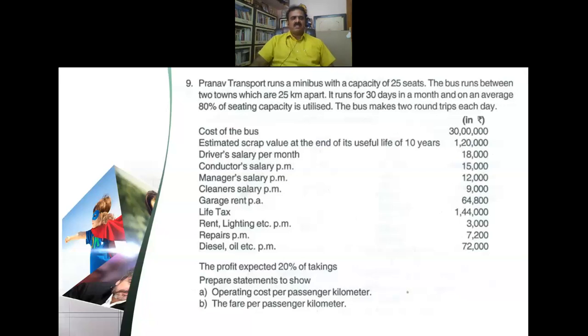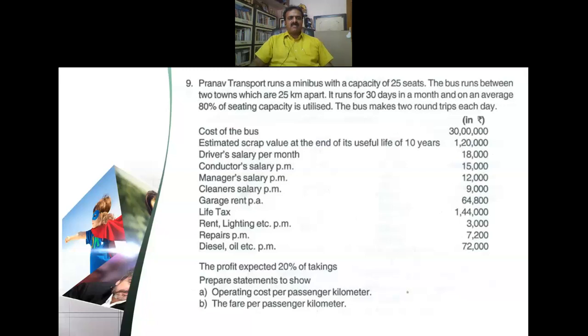And the expenses are given: the cost of the bus, and the estimated scrap value at the end of the useful life of 10 years. This cost and the life are required for calculation of depreciation. Using the straight line method, cost minus scrap divided by life, you calculate depreciation.